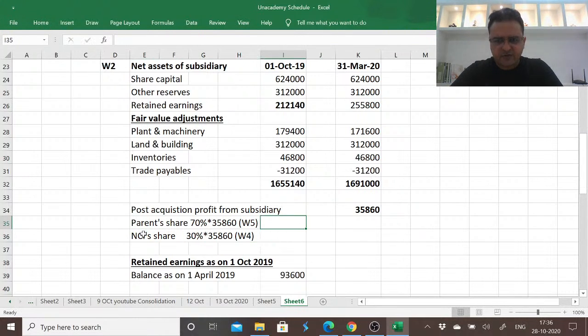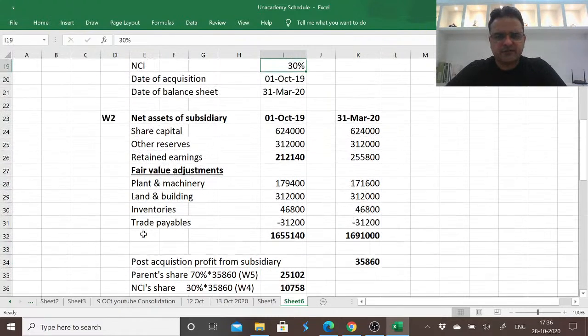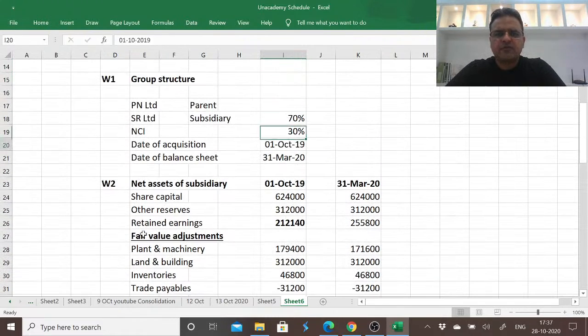So total amount to be divided is 70% of 35,860 and 30% of 35,860. This is the amount to be included in working note number 4 and working note number 5 as post acquisition earnings. So working note number 1 was group structure.